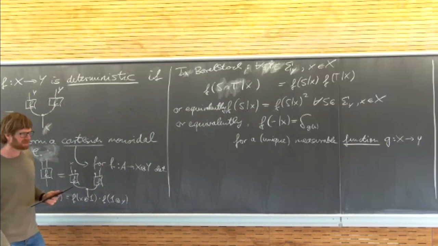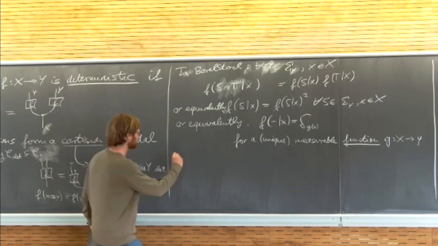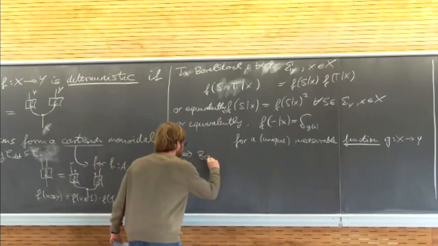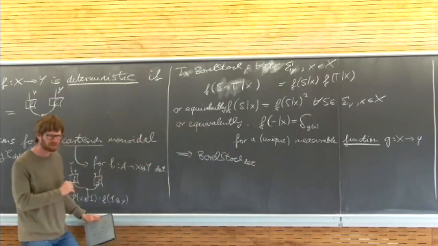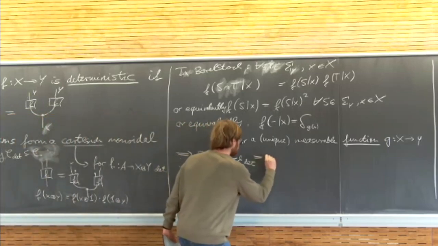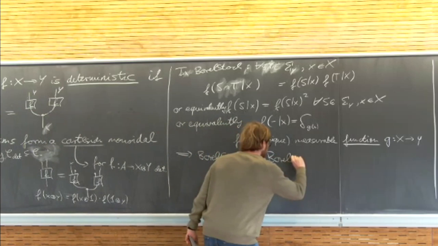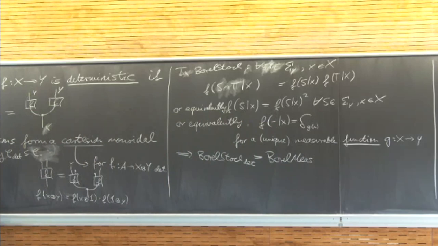If you allow me to do this, then the subcategory of deterministic morphisms, deterministic Markov kernels, is just the category of standard Borel spaces and measurable functions. And this is pretty similar to how we recovered the star subcategory of star homomorphisms.